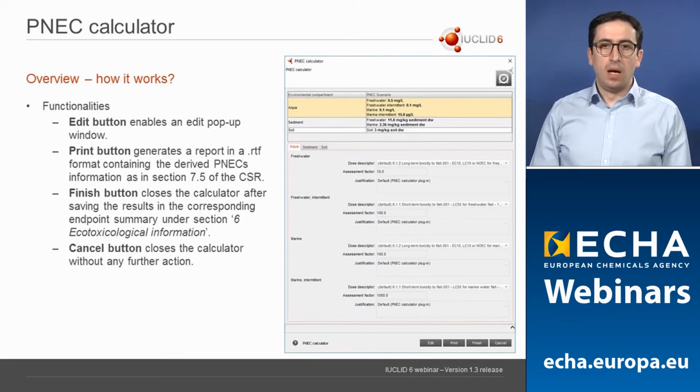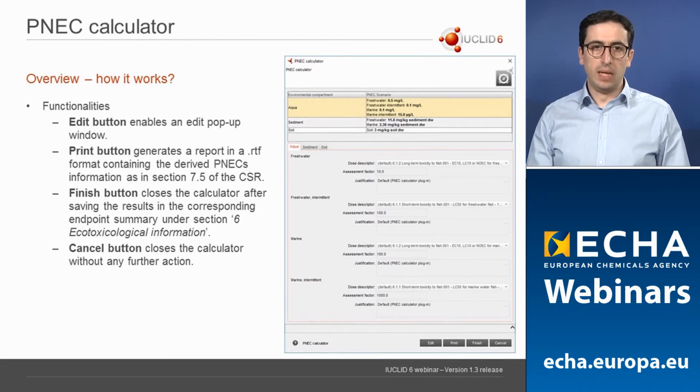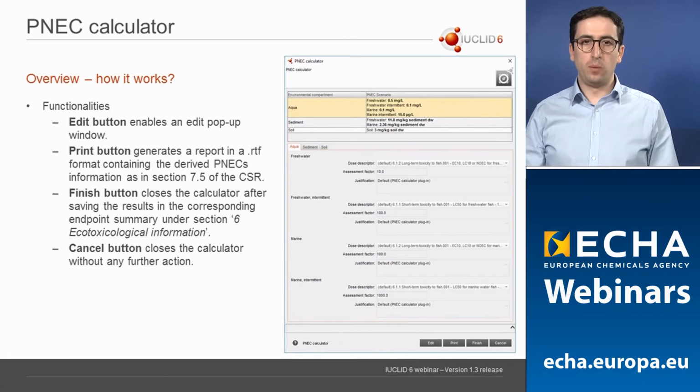At the bottom of this pop-up window, there are 4 buttons: the edit, print, finish, and cancel button. The edit button enables an edit pop-up window, and I will refer to this in the next slide.